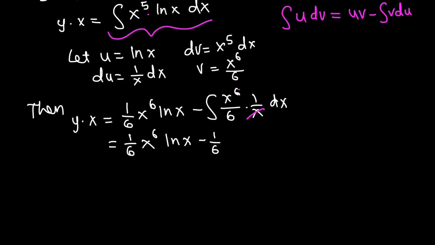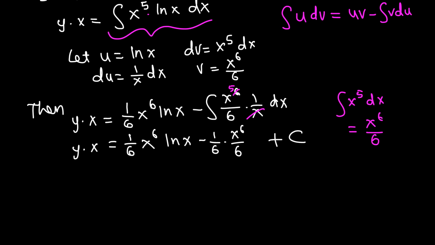Now 1 copy cancels, so 5 copies left. So basically we are left with x raised to 5, and we know how to integrate this. Okay, so we get x to the 6 over 6, because x raised to 5, plus some constant of integration, and this is it.